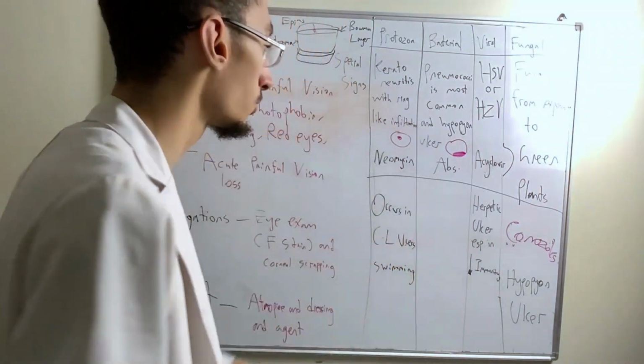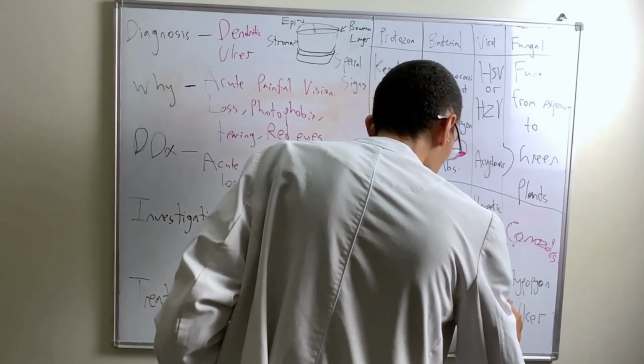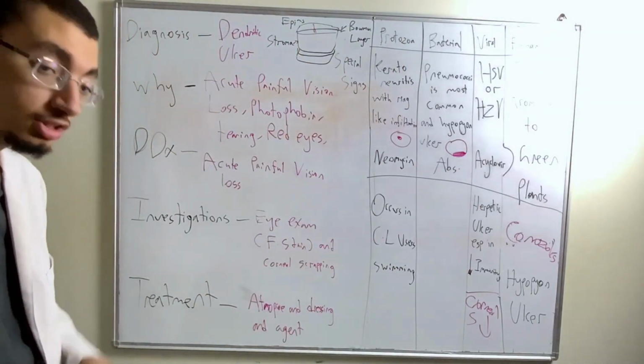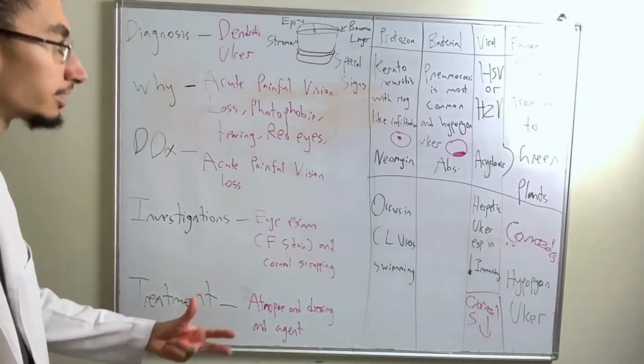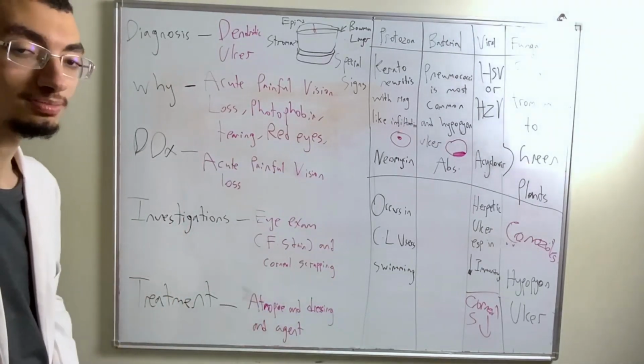Okay, so that's something also to keep in mind, is the corneal sensation as well is going down. That's pretty much it. I talked about non-infectious keratitis and infectious keratitis which you can have in general, and that's pretty much it. Thank you.